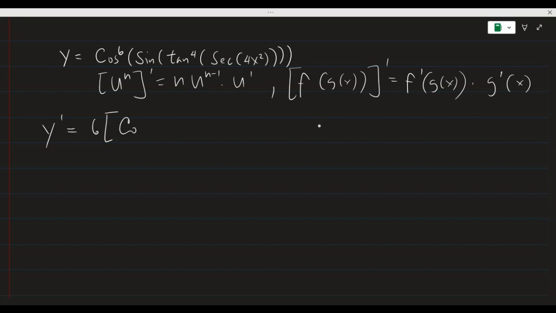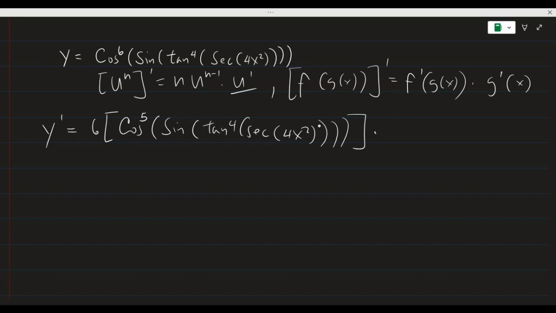So cosine of sine of tangent to the fourth of secant of 4x squared, and then we subtract 1 from the exponent, so the new exponent n minus 1 is 6 minus 1, which is 5.